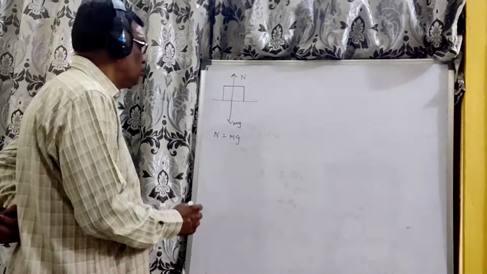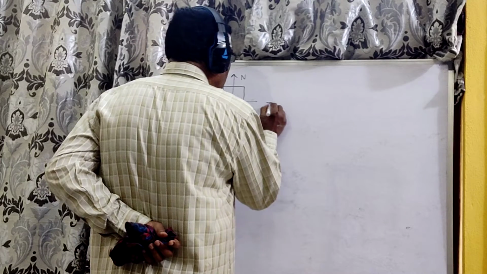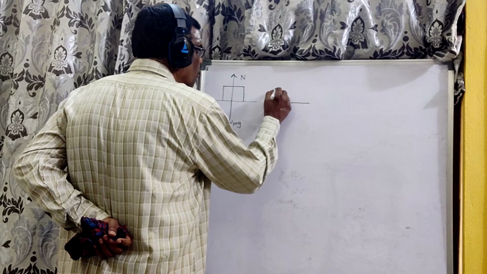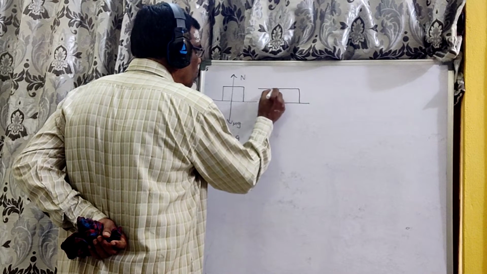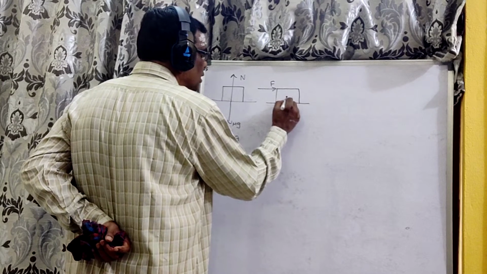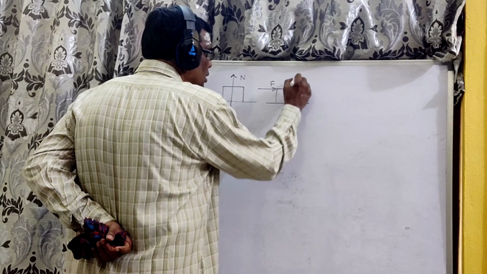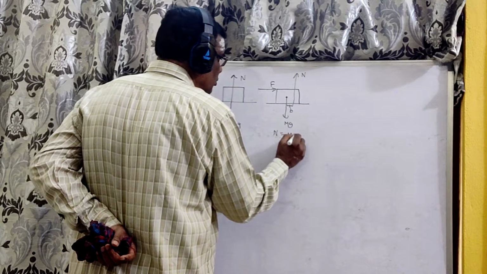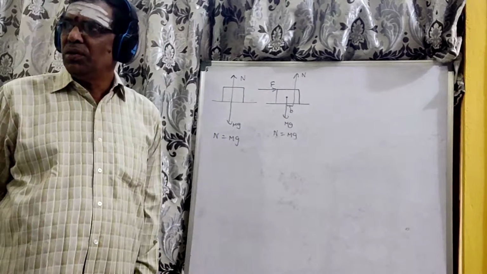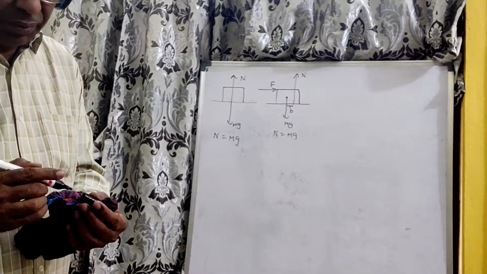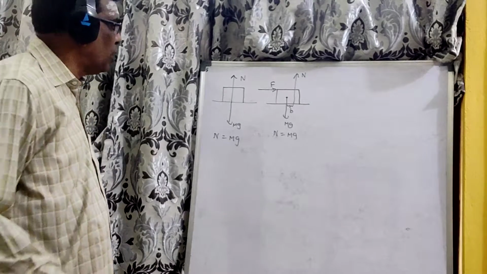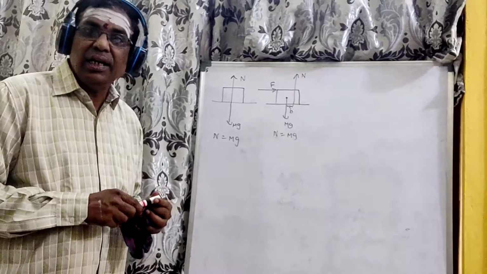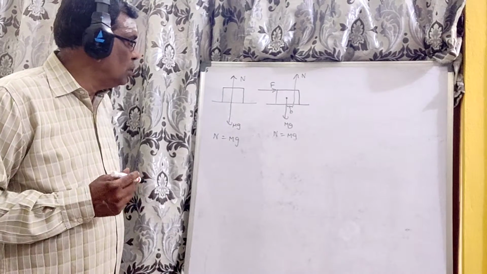N is equal to mg. Okay? Now, if I am applying a force F there, this is mg. Here also, N is equal to mg. No difference at all. Only thing is N gets shifted, a point I have already told you before.